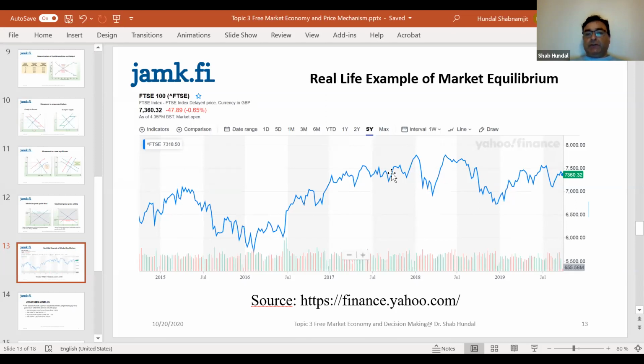So the point I want to make here is that if you see the peaks of these blue curves, they all are determined by demand curve and supply curve.